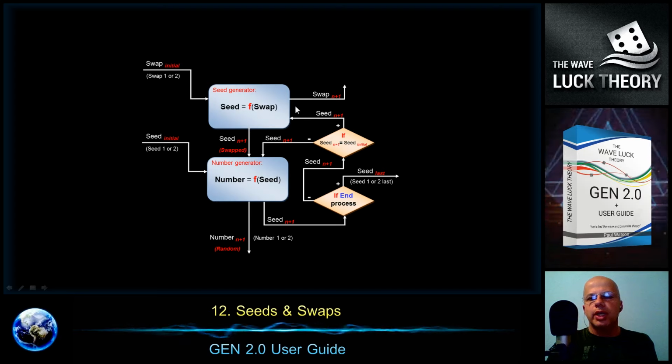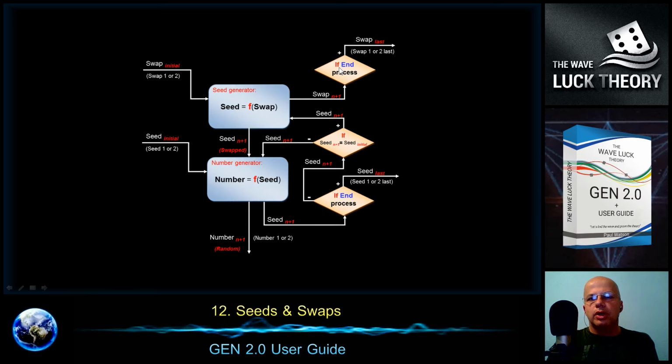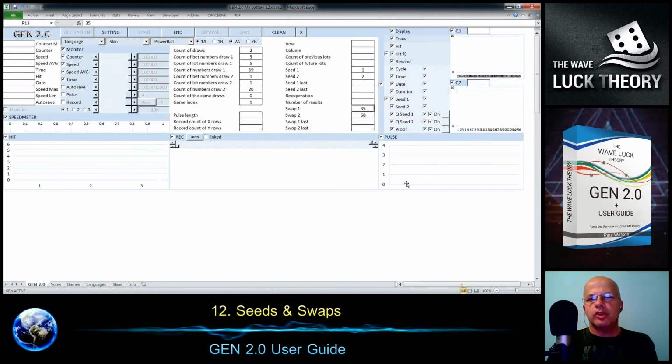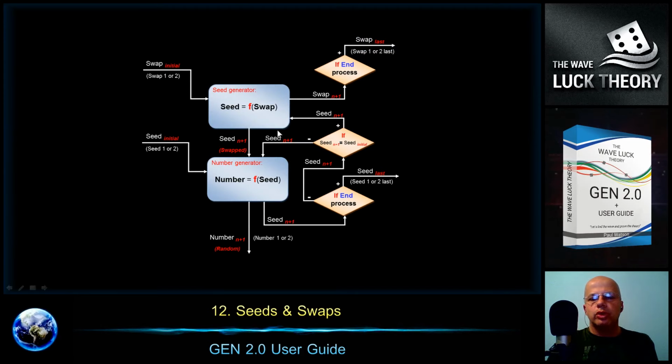In case we end the process, like here, with the same condition, then the last swap number is saved in this place, like here or here, which I will show later. If we continue the process and here we have a new equality of the seed with this new seed which was swapped, then the process with the swap and seed is repeated.